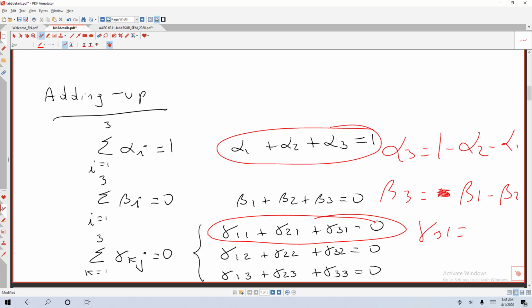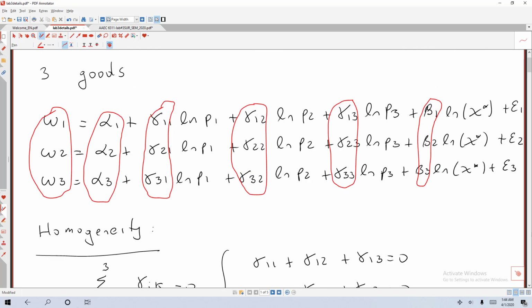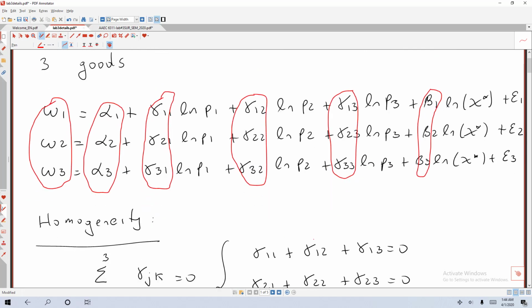It's going to be equal to minus alpha 1,1. So alpha 3,1 is going to be equal to minus alpha 1,1 minus alpha 2,1, which you already have estimated. And the same thing for alpha 3,2 and alpha 3,3. So remember, what we're trying to do is recover the coefficients of this last equation.